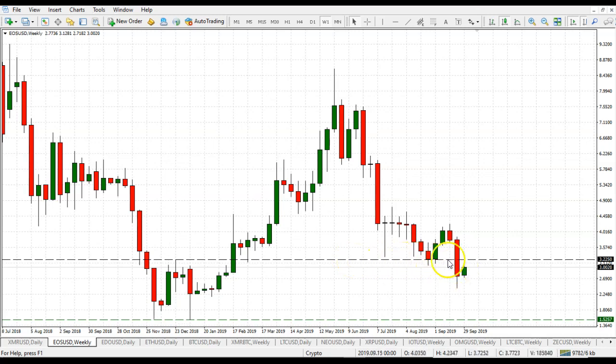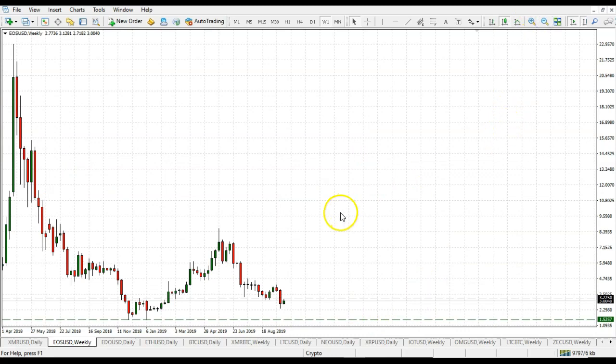The break below that line, which represents the last line of Fibonacci correction, basically suggests that this is not a correction, because it already passed that last line by definition. So at this point, we feel that we're actually looking at a real downside move that is a full cycle, meaning it's going to pass the previous low.